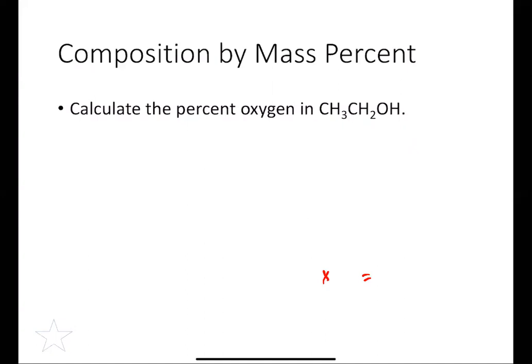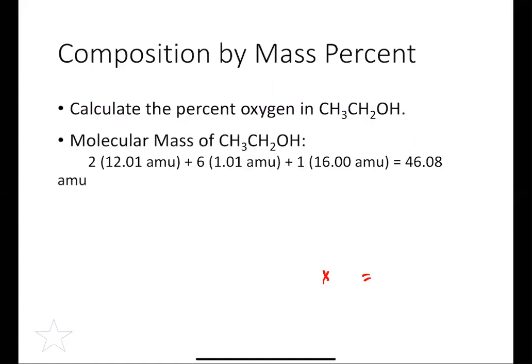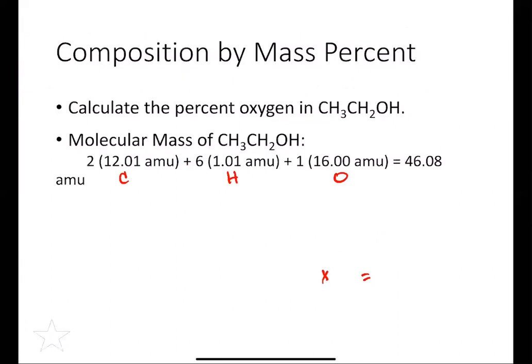Okay, now you're unpaused, and we're going to do the percent oxygen here. So first we have to add up the molecular mass of 1 molecule of the whole thing. So we add up 2 C's and 6 H's. These are C's, these are H's, and these are O's, okay? 2 C's, 6 H's, and only 1 O. We just count them here.